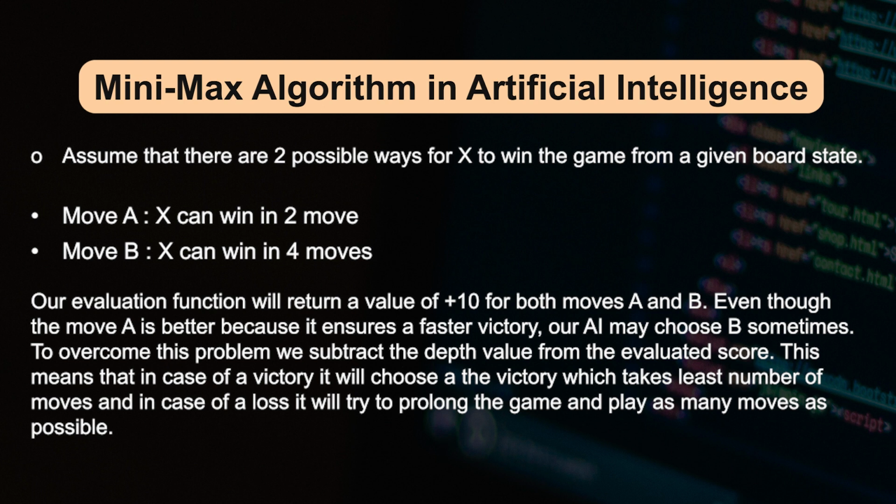To overcome this problem, we subtract the depth value from the evaluated score. This means that in case of victory, it will choose the victory which takes the least number of moves, and in case of a loss, it will try to prolong the game and play as many moves as possible.